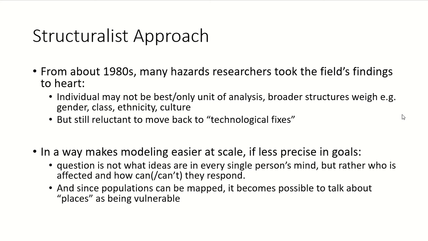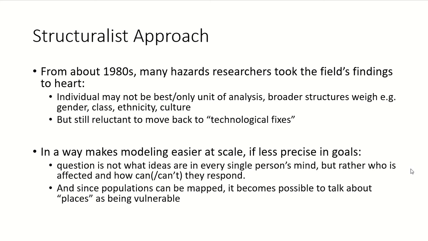So it might not be as simple as taking surveys of people and, I don't know, running averages on those groups. The variation might be interesting in and of itself, maybe the extreme cases. But this group's still reluctant to move back to technological fixes. I mean, the problems with that approach were already recognized.